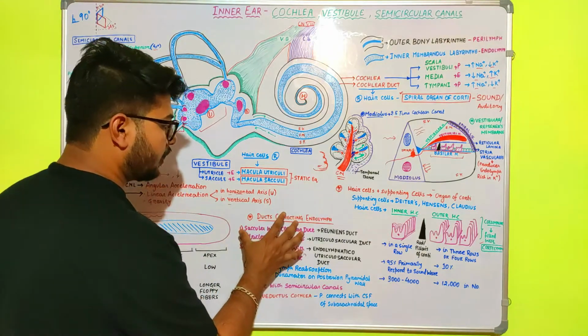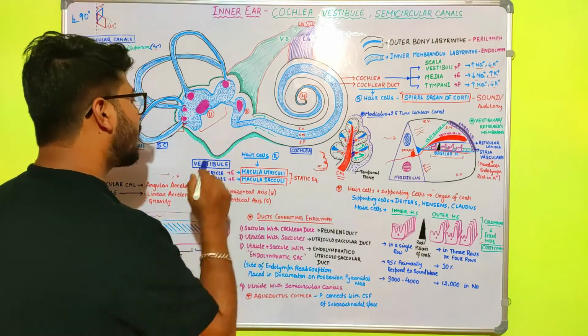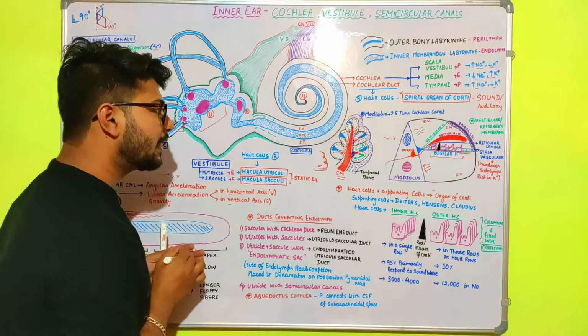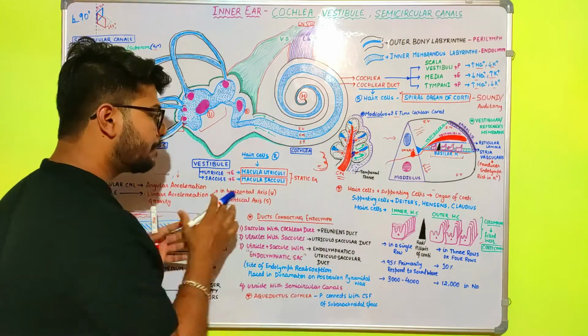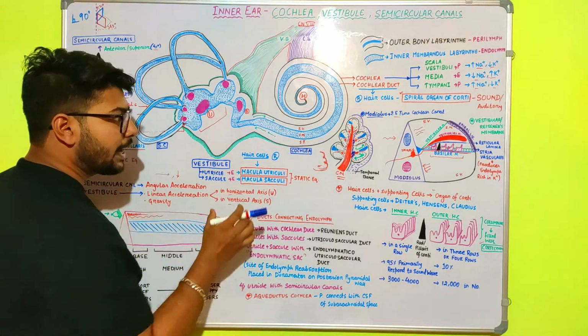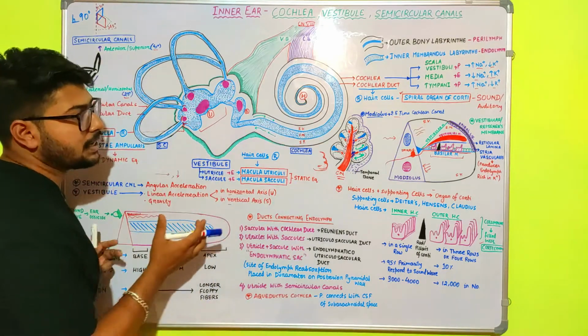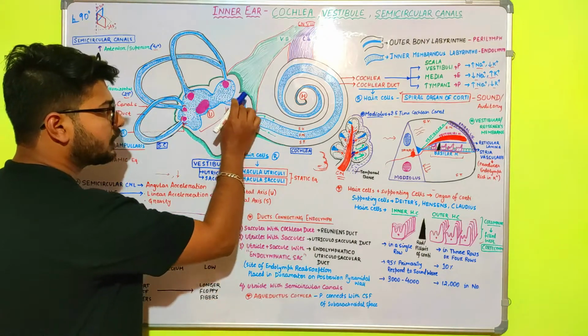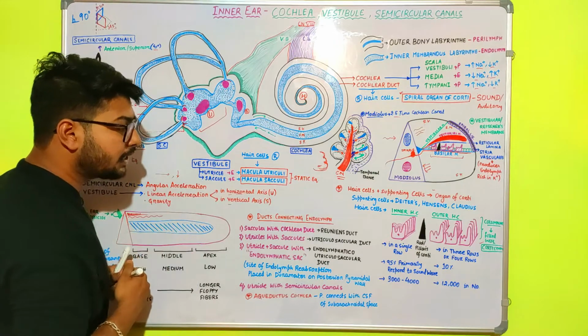Next, we are going to see the ducts connecting the endolymph. As you know, this whole inner ear has the endolymph present in the membranous labyrinth. So this endolymph of the cochlea, vestibule and semicircular canals is interconnected through passages or connecting links. What are these connecting ducts?